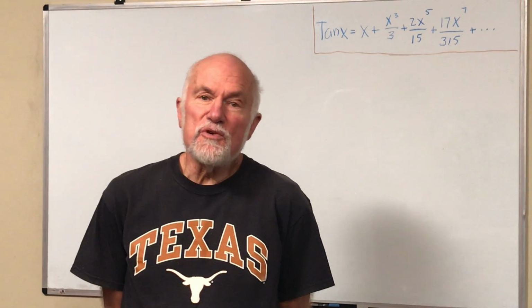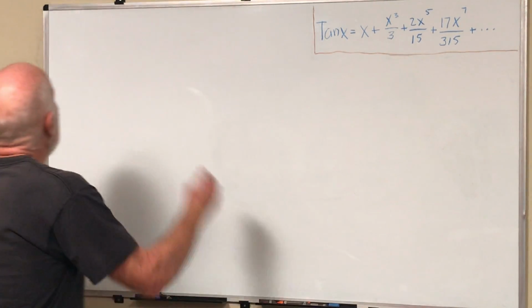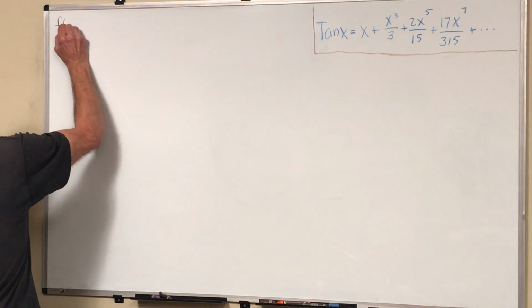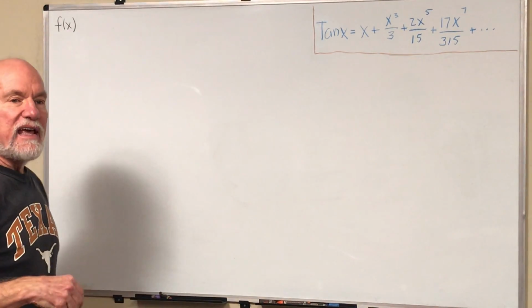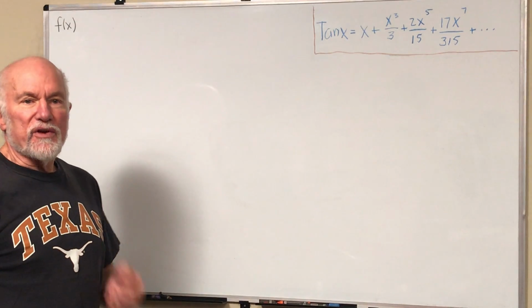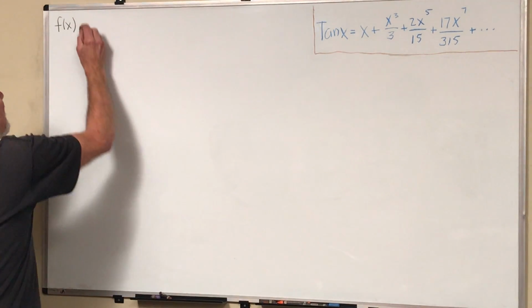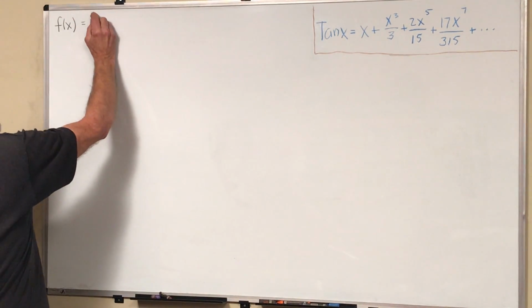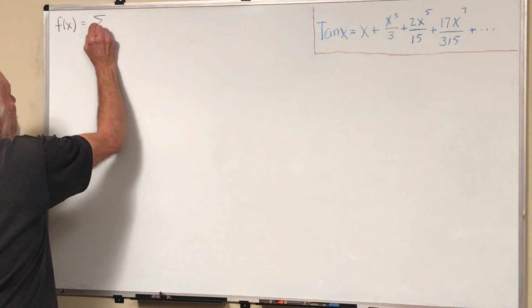The focus of our last two talks has been taking a function, f of x, and trying to represent it as an infinite polynomial. Exactly. So we picked the power series, which is an infinite polynomial.